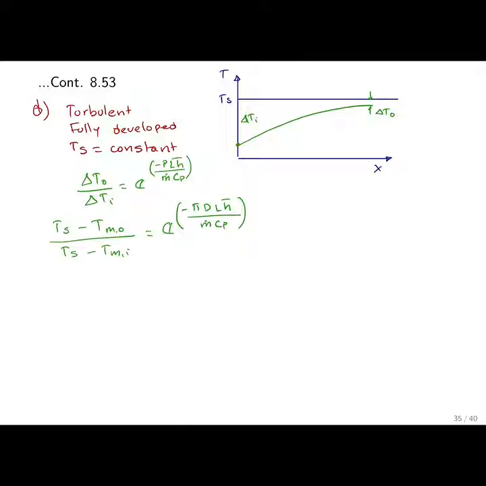So if we solve for the temperature at the outlet from this equation, we are going to have that Ts minus the mean temperature at the outlet is equal to Ts minus the mean temperature at the inlet multiplied by e to the minus the same factor, pi D L h divided by mass flow rate multiplied by the specific heat. So finally we can solve for the mean temperature at the outlet.